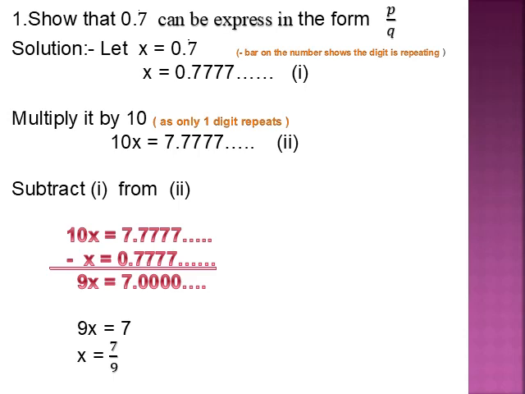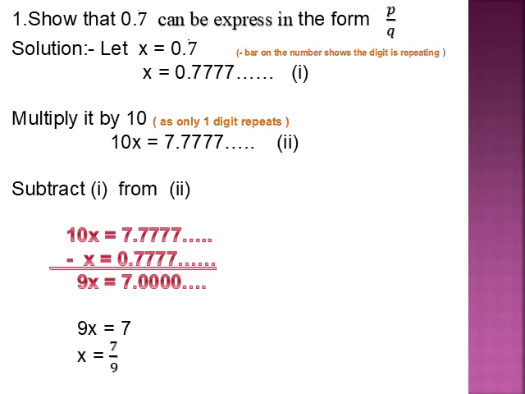Now why 10? Because if you observe in the question, only a single digit repeats. A single digit repeating means you only have to multiply by 10. So 10x equals, if you multiply x by 10, one digit comes before the decimal point, so it becomes 7.777 again.